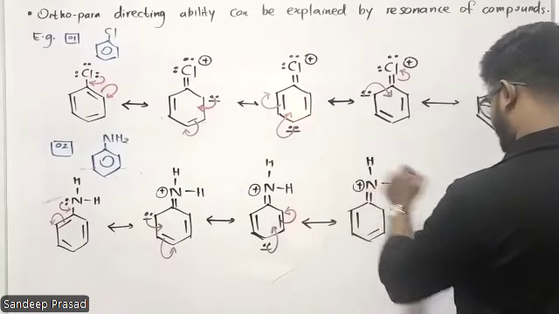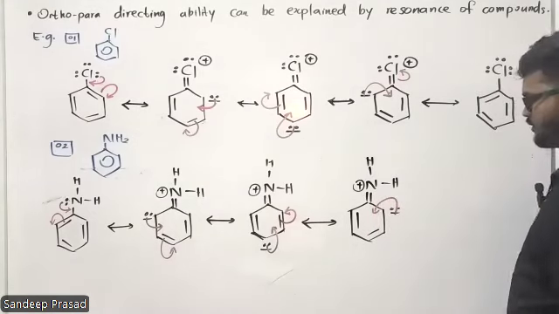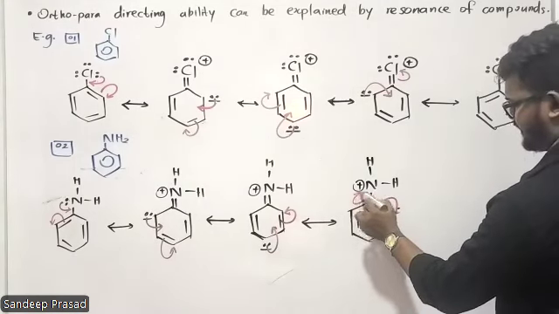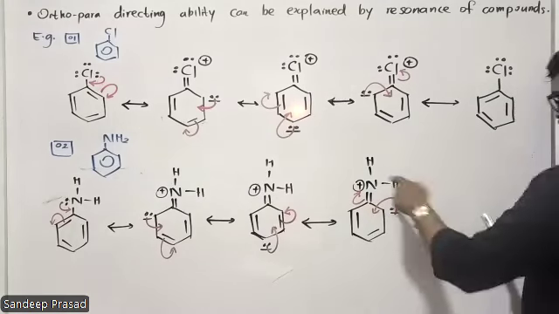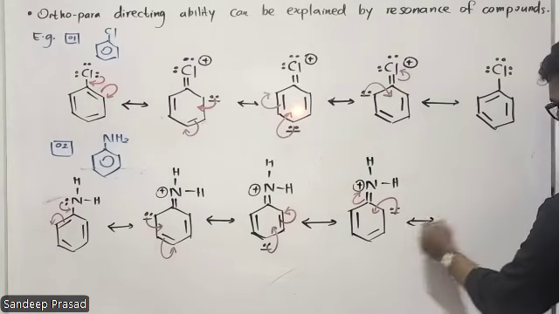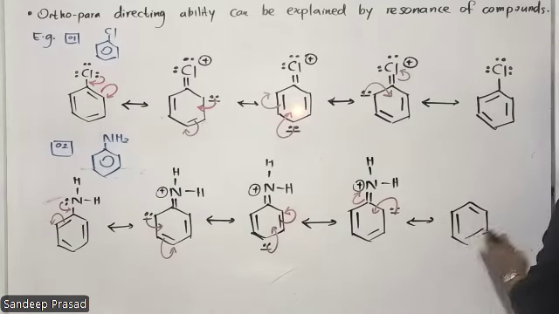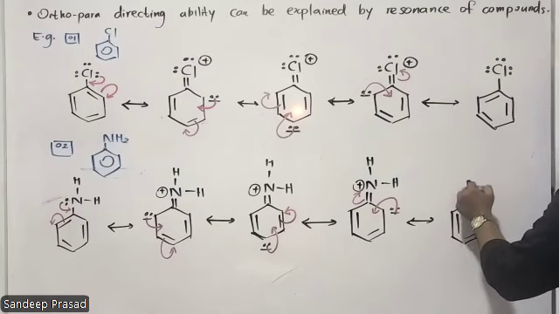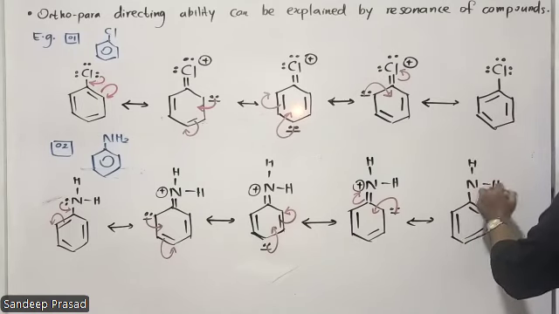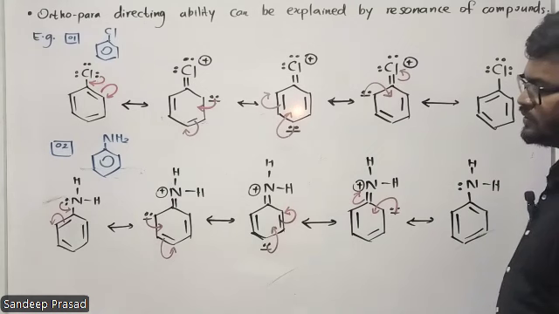Can you understand? Then again, these 2 electrons are given to this carbon-carbon double bond. And this lone pair is given to nitrogen again. Then it is producing this. So this is actually considered as ortho para, right?